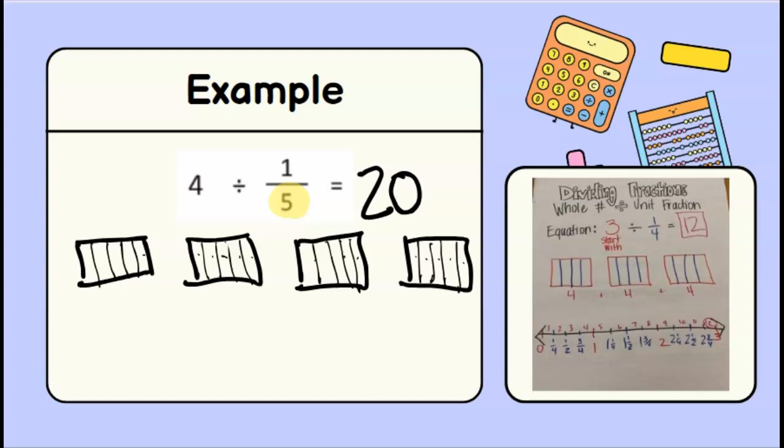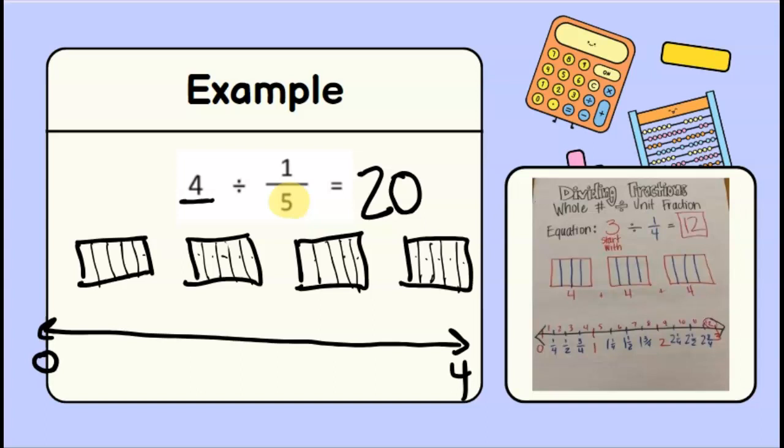Now, if you prefer to do this on a number line, I would do the same thing as I've done with my area model. I start at 0, and my number line is going to end at whatever my whole number is. In this case, it is 4. I'm going to split my number line into that many pieces, and then I am going to split each section into the number of pieces dictated by my denominator.